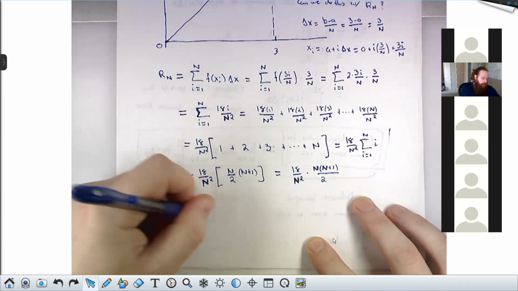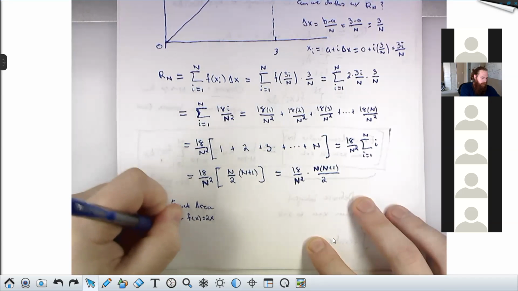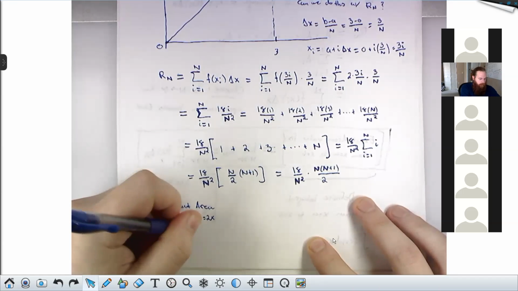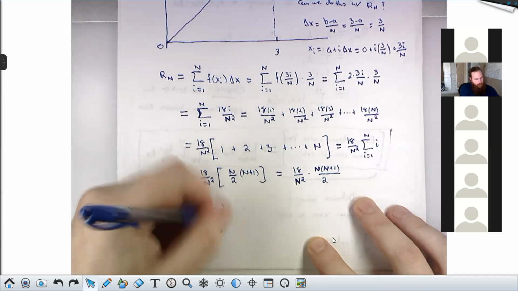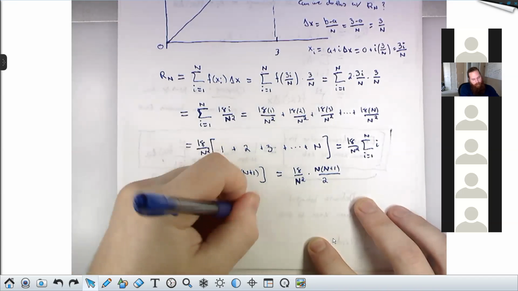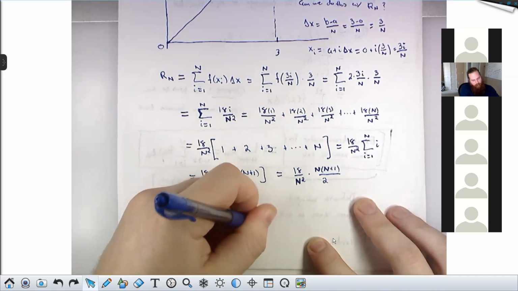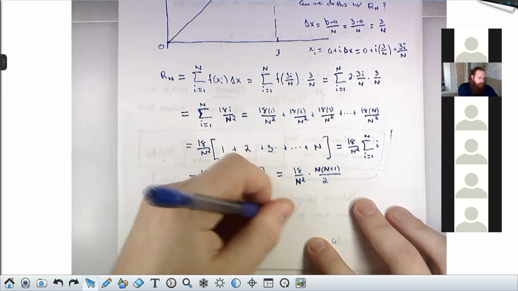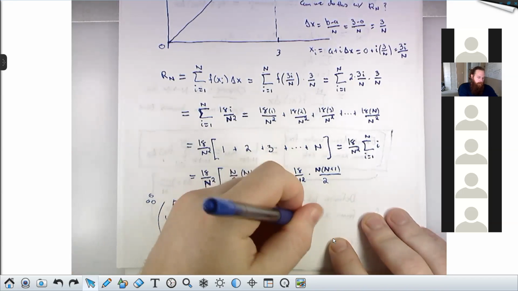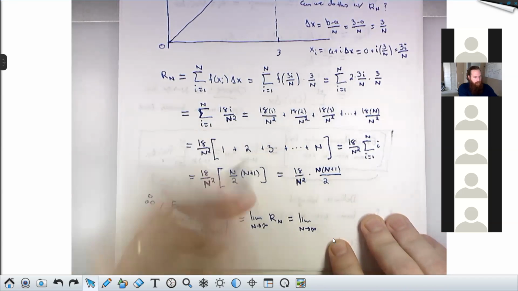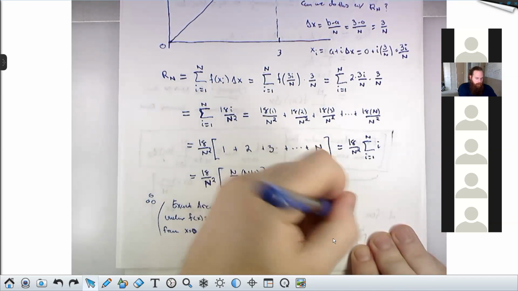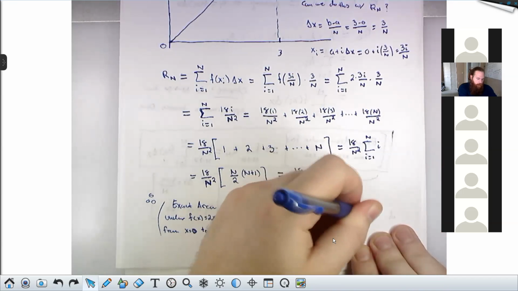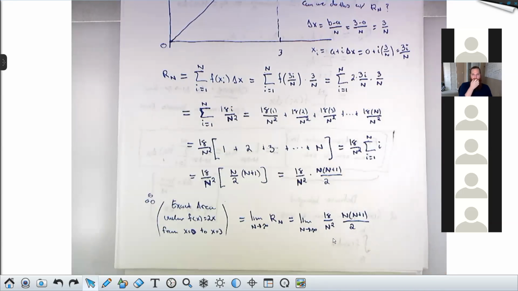So the exact area under f of x equals 2x from x equals 0 to x equals 3, that's equal to the limit as n goes to infinity of the Rn's, which is the limit as n goes to infinity of 18 over n squared times n plus 1 over 2. And if I can calculate this limit, I win.